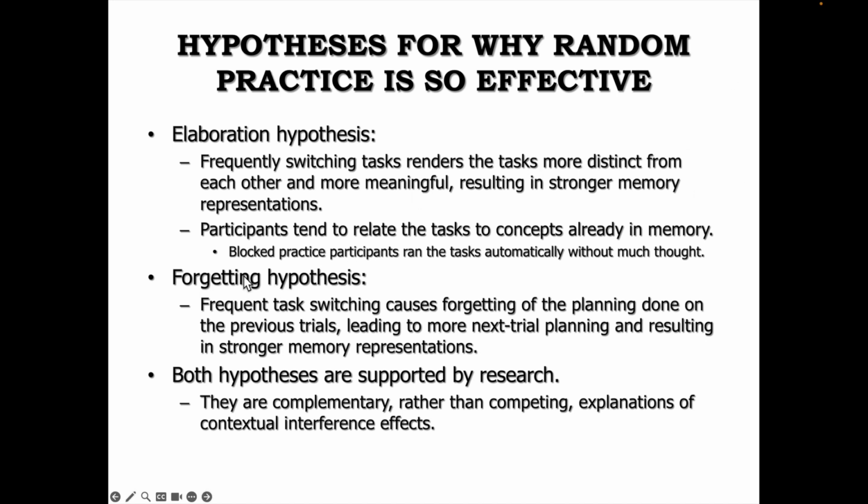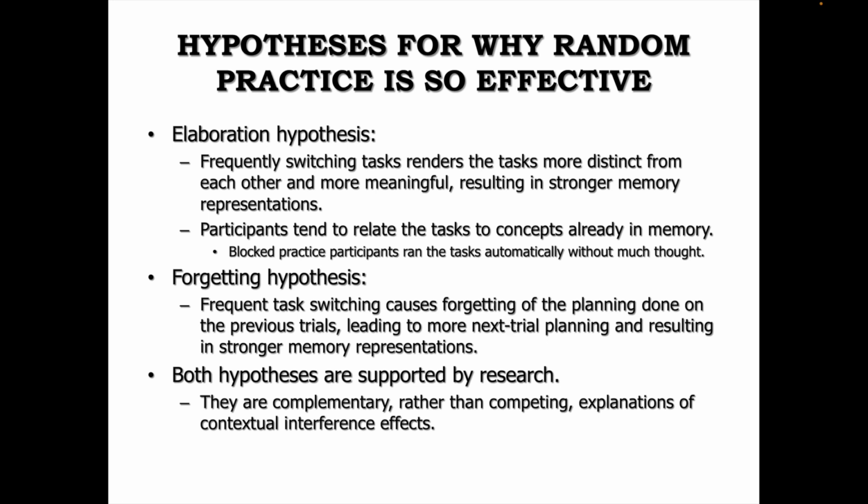Another hypothesis is the forgetting hypothesis. Switching between different tasks very frequently leads to us forgetting a little bit of what we did in the previous tasks, meaning that when we get back to the original task, we need to formulate a plan and try to retrieve from memory what we do remember.